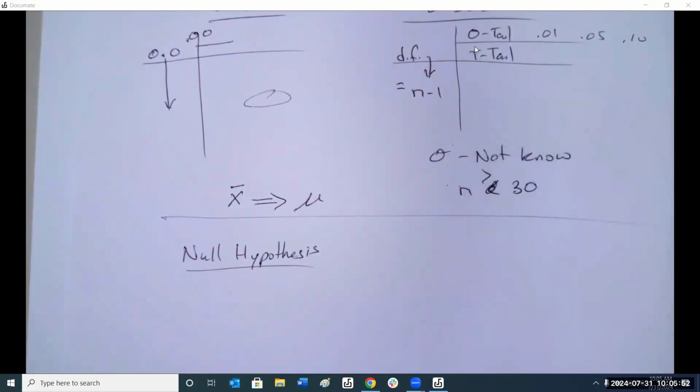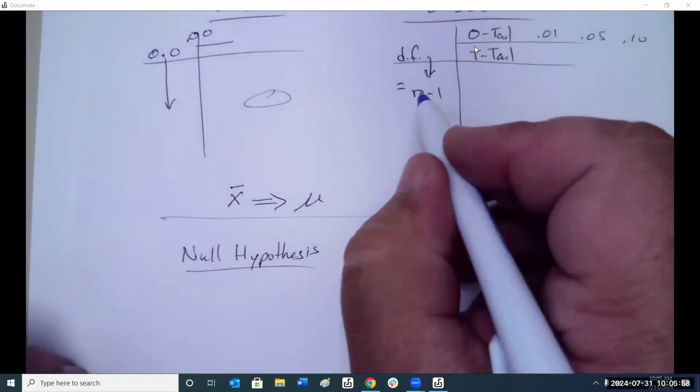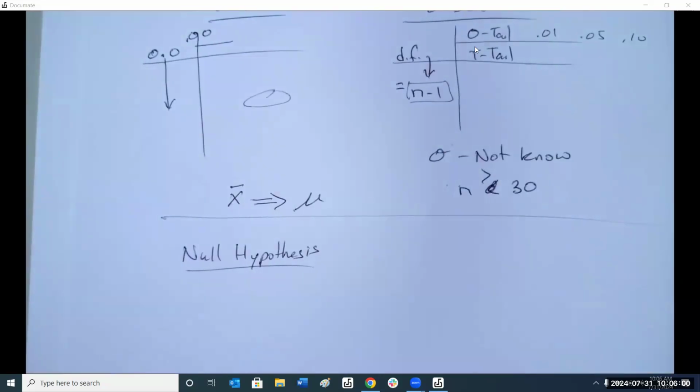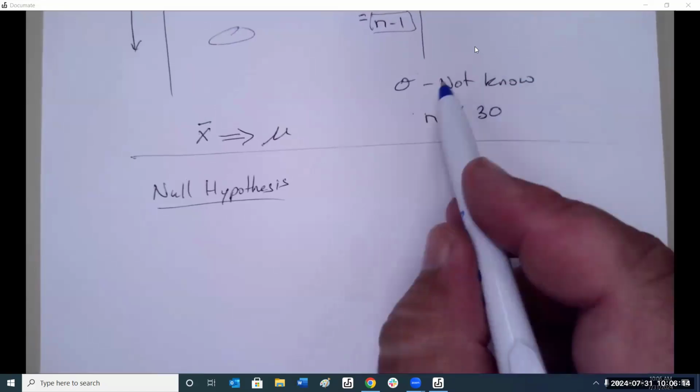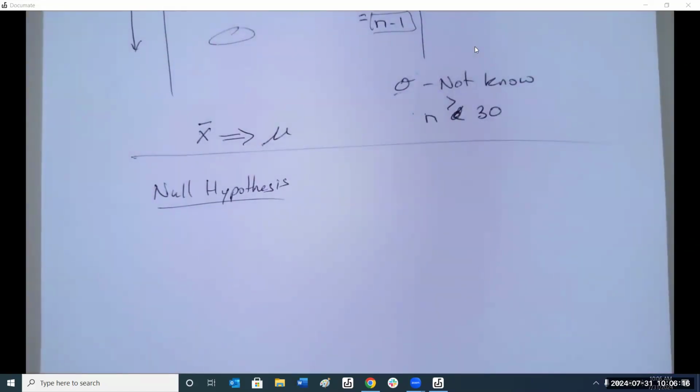So that's why we use a T-score chart and try to break it up even further from there. This N-1 takes into consideration how accurate your sample is going to be. That's why we subtract 1, that removes any bias or outliers. But again, we don't know anything about the population.